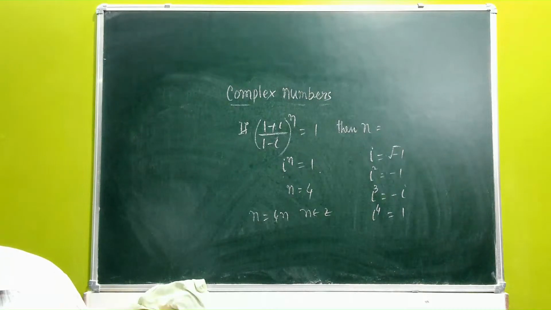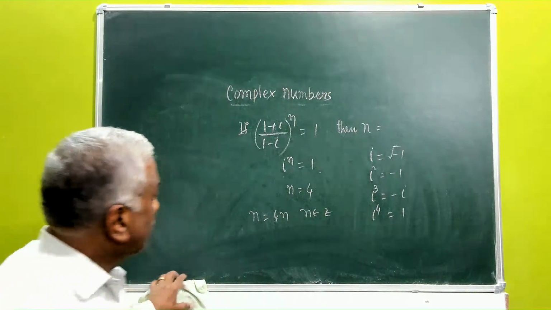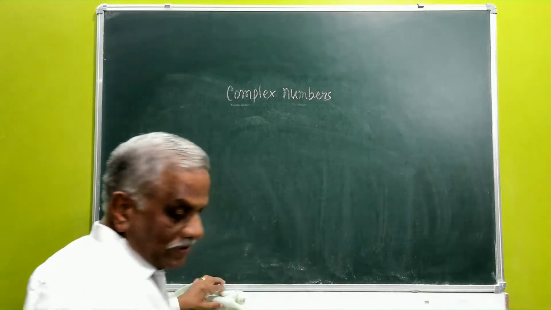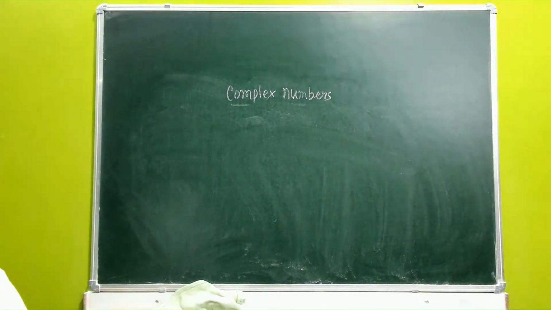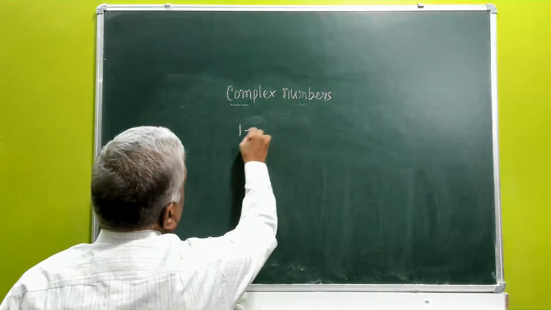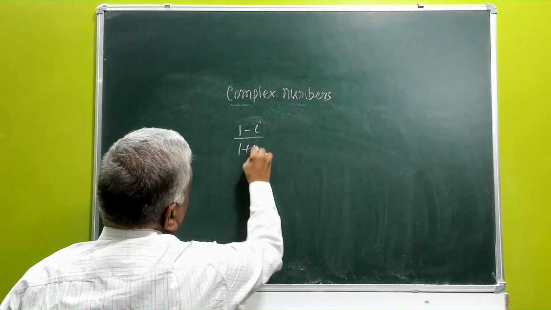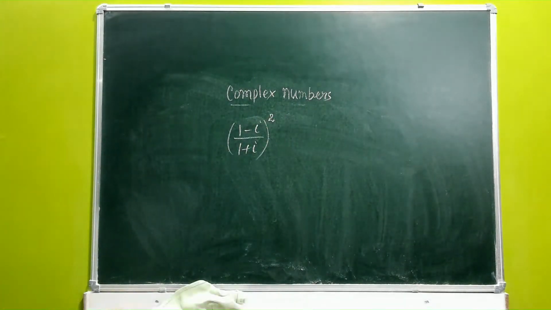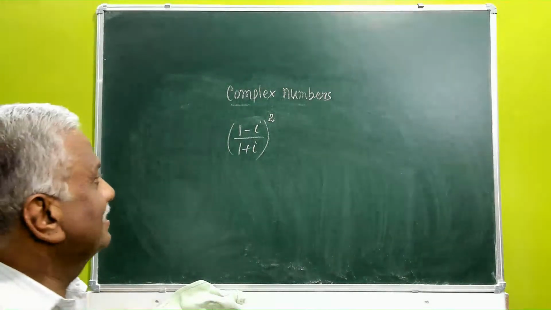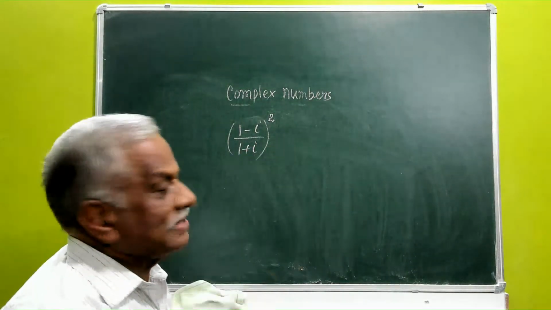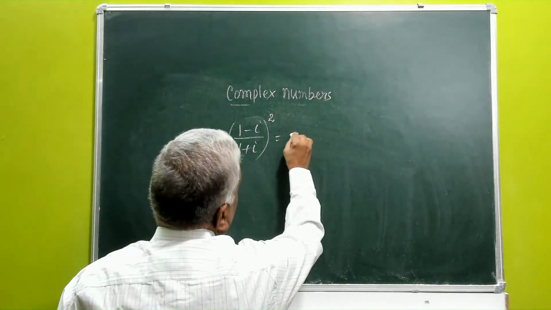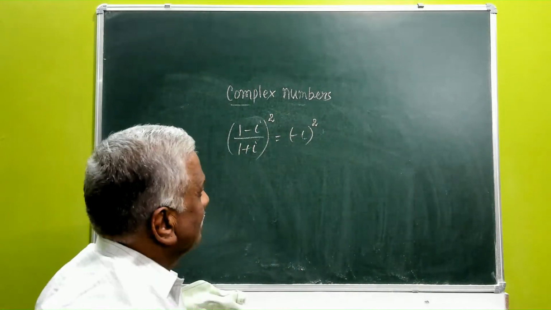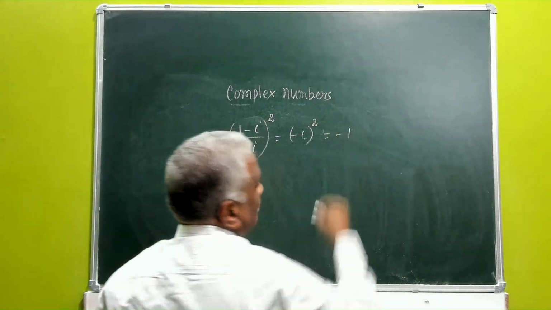That is one problem. The very next year, they have asked a problem: (1 minus i) over (1 plus i) whole square. What is the value of this? See, (1 minus i) by (1 plus i) is minus i, whole square. It is minus 1 only.